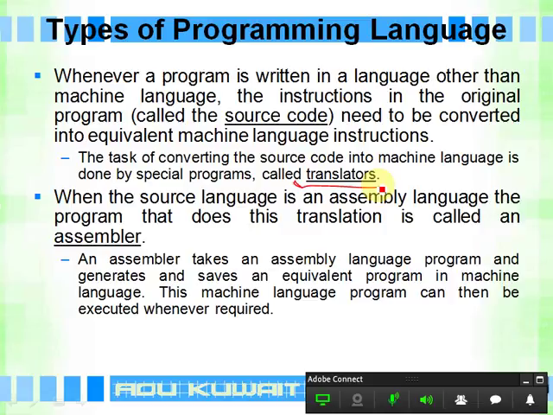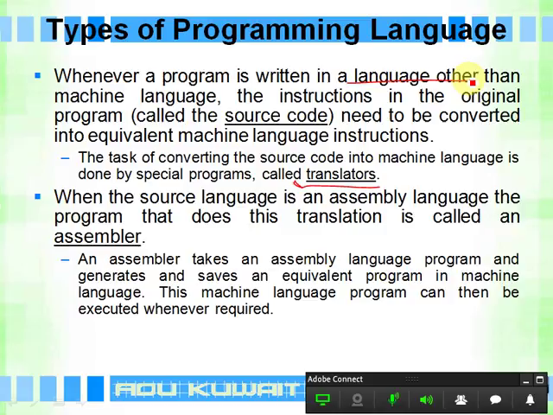Whenever a program is written in a language other than machine language, the instructions in the original program are called source code. That is, what we write using the assembly language is the source code, and we need to convert that into equivalent machine language.